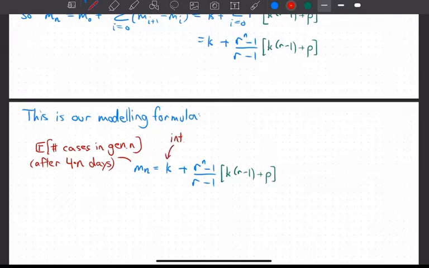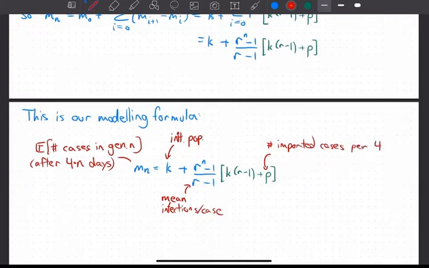R is the mean number of infections per case, and then rho is the number of imported cases per 4 days.